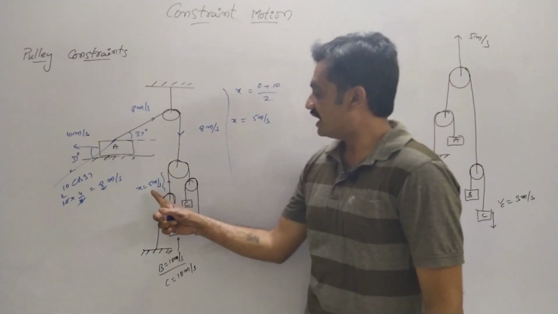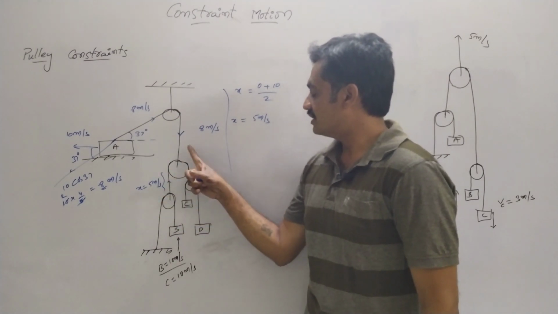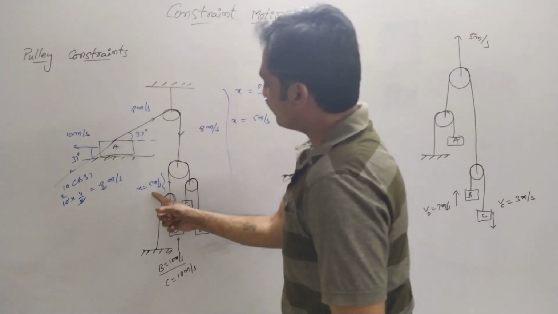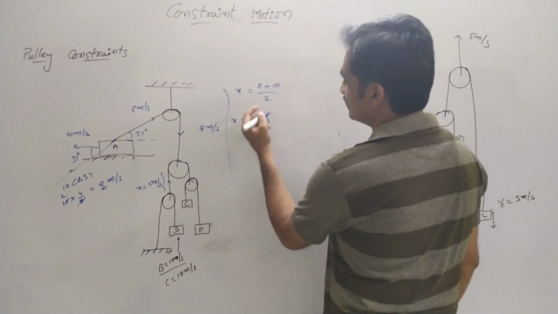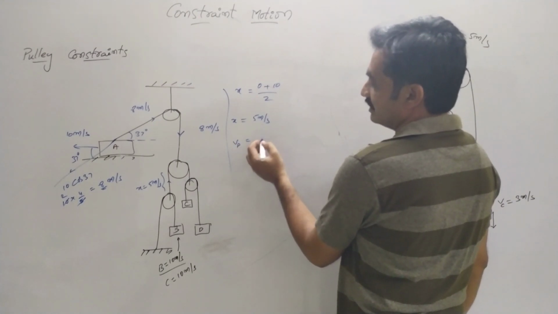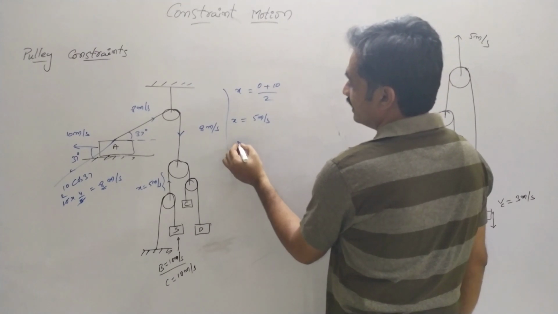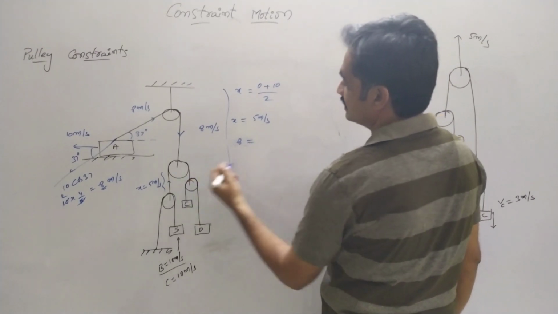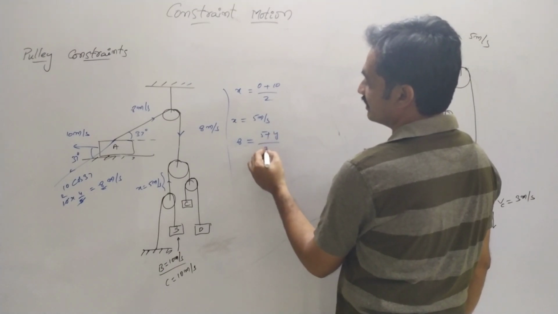Now here we had represented the velocity at this point. As you observe this, here we have 5 meter per second and the velocity of the pulley is 8 meter per second. So if we substitute again in this equation, the velocity of the pulley is equal to 8, which is equal to the velocity at this point 5 plus the velocity at this point y, by 2.